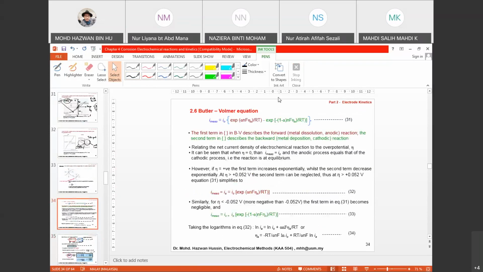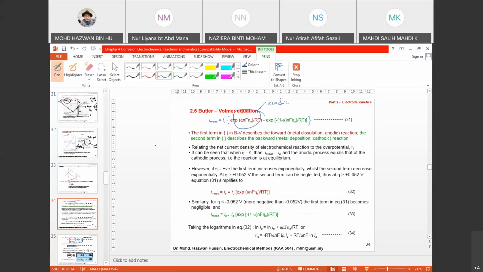All right, so we are moving on to the next part. Once we have derived the Butler-Volmer equation, the first term in Butler-Volmer always describes the forward reaction, because this part comes from the anodic current.